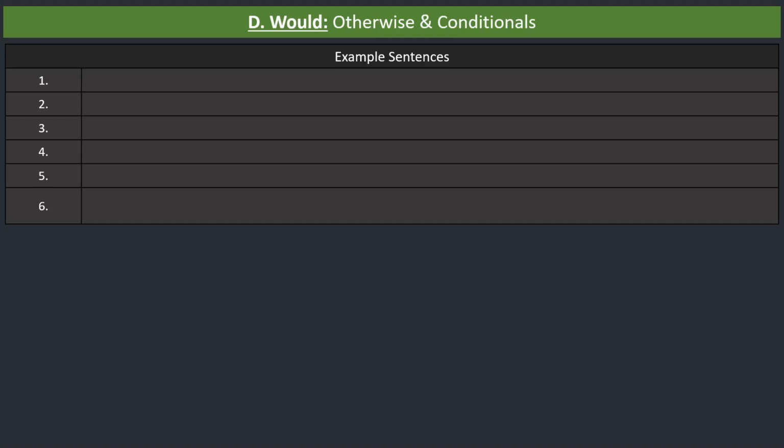Spor yapsaydım kilo verirdim. Perfect. If I did sports, I would lose weight. This implies I didn't do sports and I didn't lose weight.